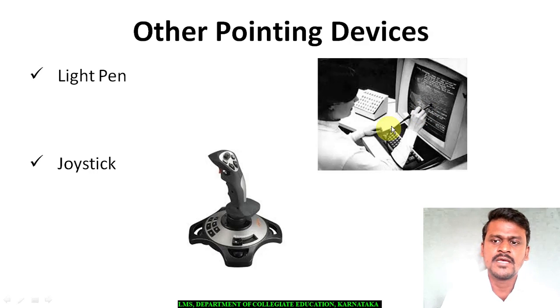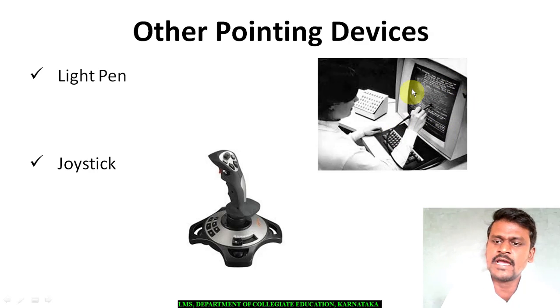You can see this pen is somewhat like a tube, and those photoelectric cells are packed within that tube, which resembles a pen. It is used to select coordinates by detecting the light coming from the illuminated points on the CRT screens.